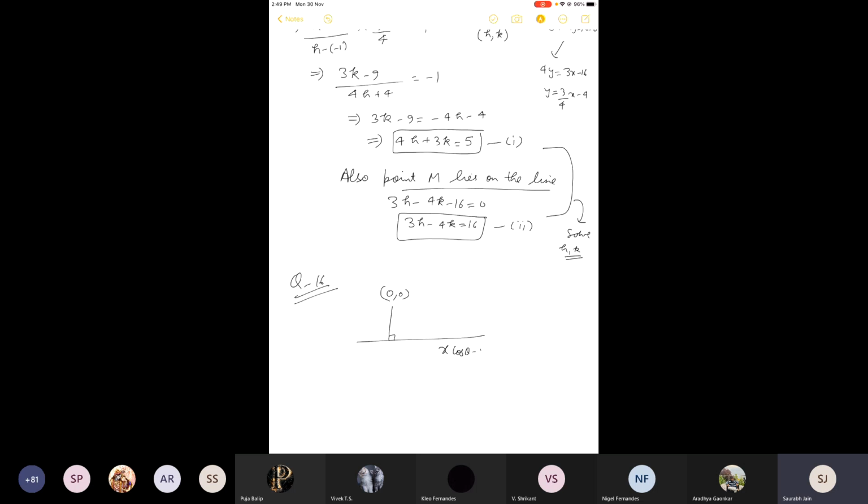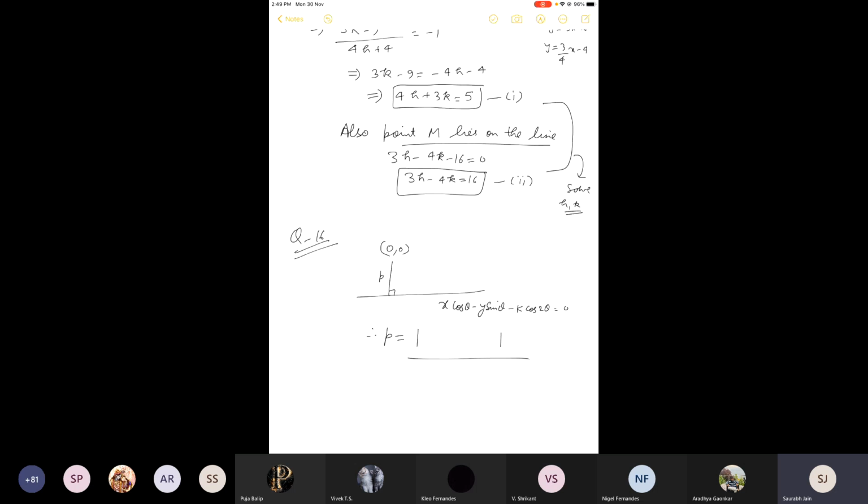And we also have the formula for the length of perpendicular. Formula is you put the coordinates of the point in place of x and y in this expression, if you remember. So what will remain? When you put 0 in place of x, it will become 0. Next one will also become 0. Only minus k cos 2 theta will be remaining.